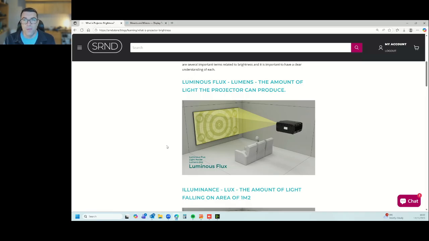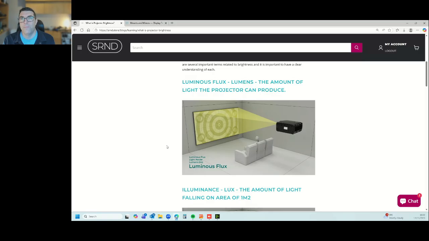I've not found the limit yet where I felt there was too much brightness potential. Of course, it's how you use that brightness that's important. And it is important to ensure that we do have enough brightness that the image has vibrancy and pop. That's what we're going to have to look for.